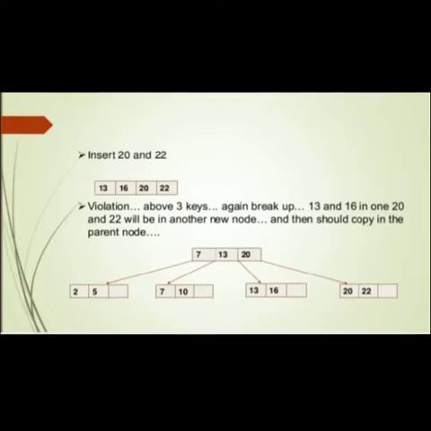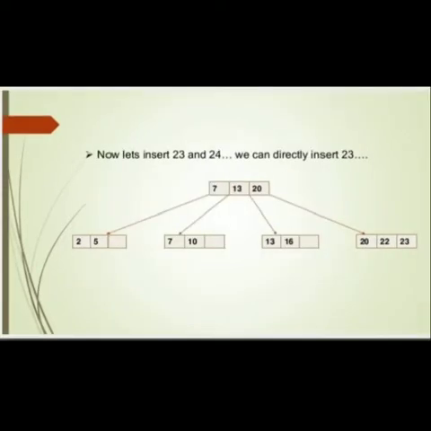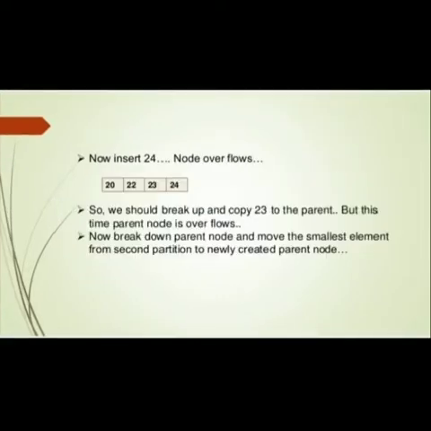Here also we can observe the overflow condition, having 4 nodes. So we follow the division rule and do that. The next elements to be inserted are 23 and 24. 23 is directly inserted after 22. And the next element is 24. When we insert 24, we get an overflow condition.